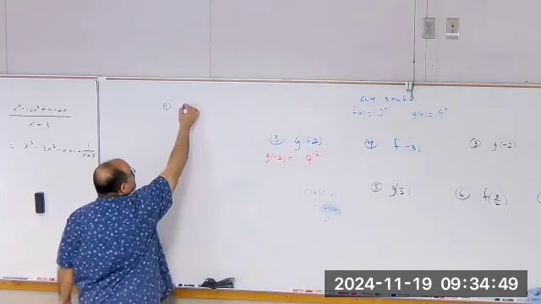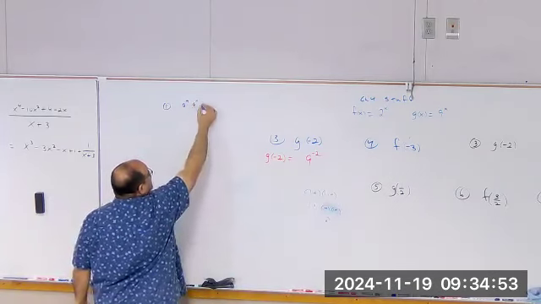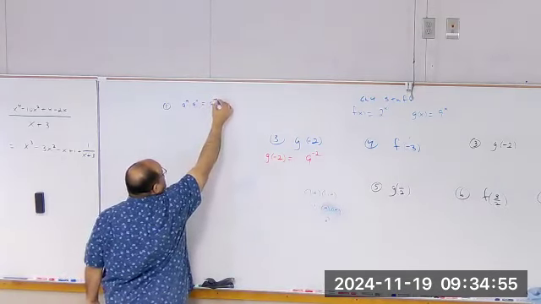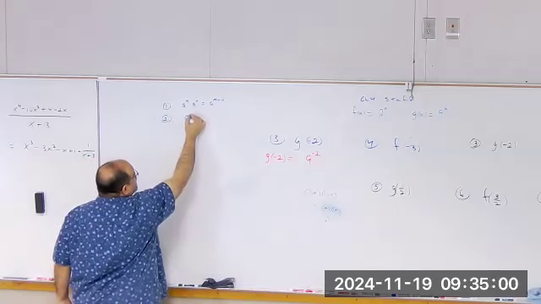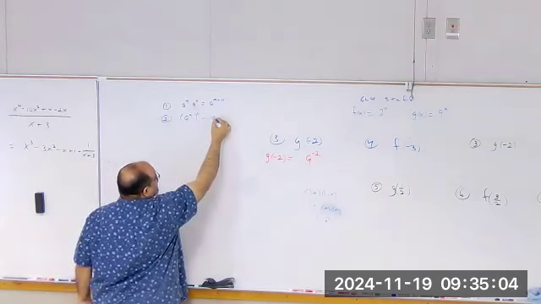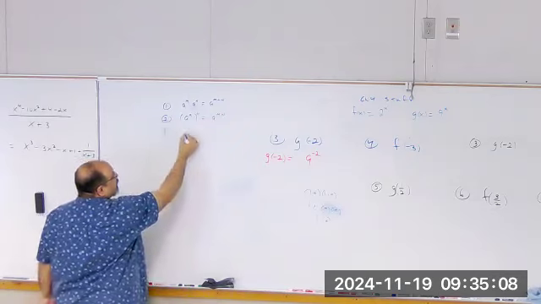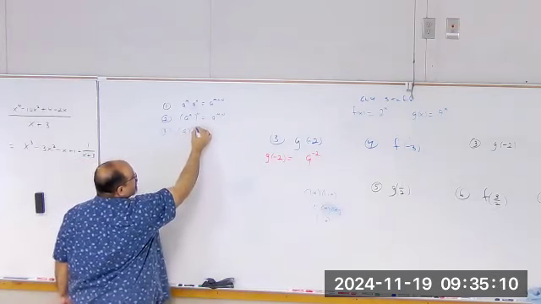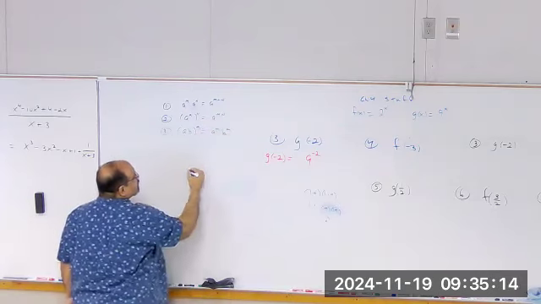Number 1, a to the m times a to the n is a to the m plus n. Number 2, a to the m to the n power is a to the m times n. Number 3, ab to the m is equal to a to the m b to the m.